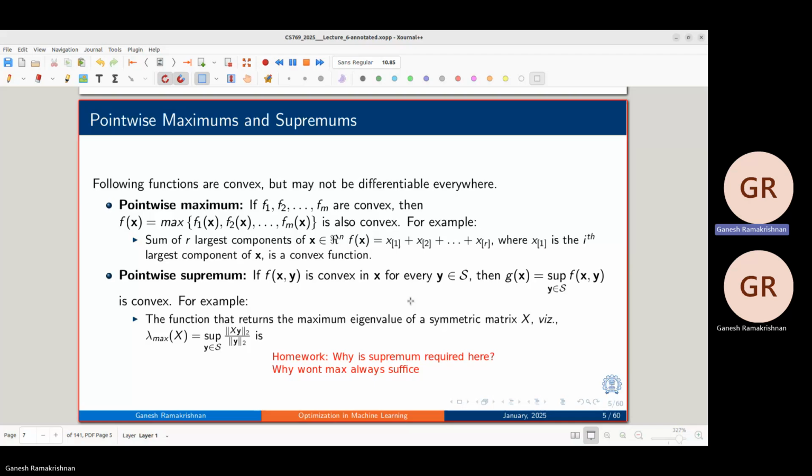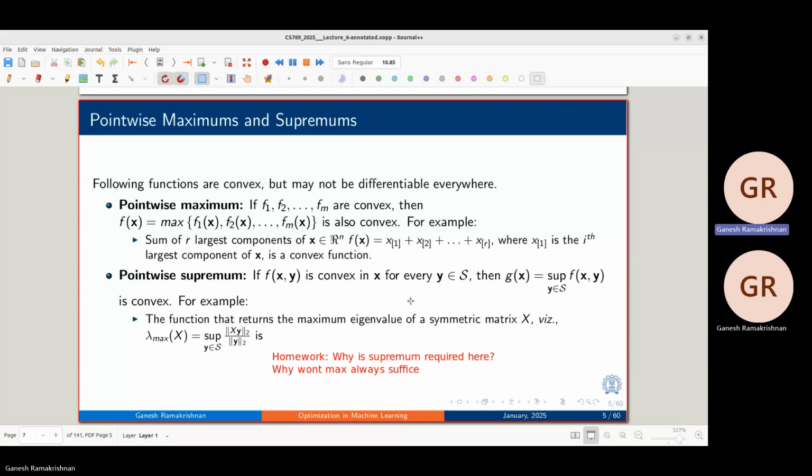Anything else we discussed? So this is one more, which is pointwise maximum and supremum. Supremum is a generalization of the pointwise maximum, and I'll explain what that is.